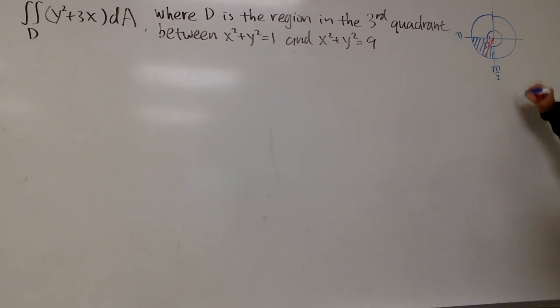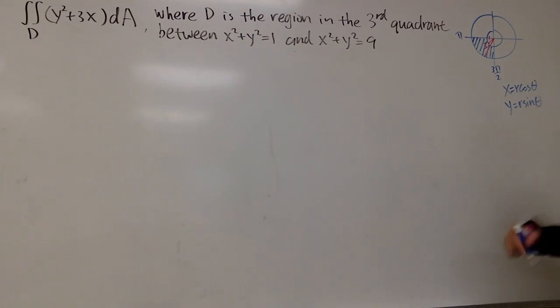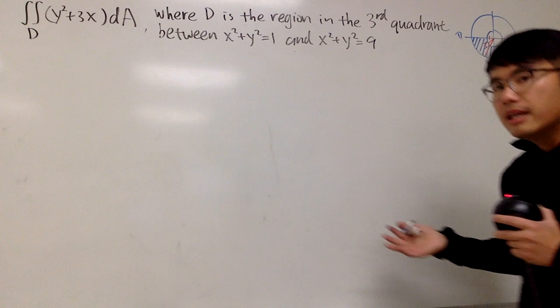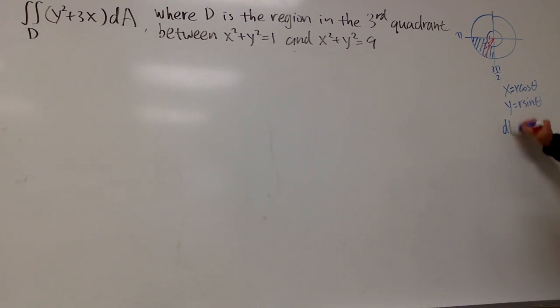You will have to remember that x is equal to r cosine theta, and y is equal to r sine theta. And then lastly, remember dA right here is dx dy, and let me just write it down. dA is dx dy. You have to do some Jacobian business. This right here is r dr d theta for the dA.